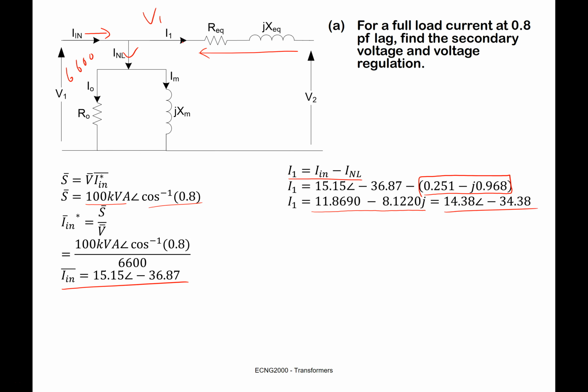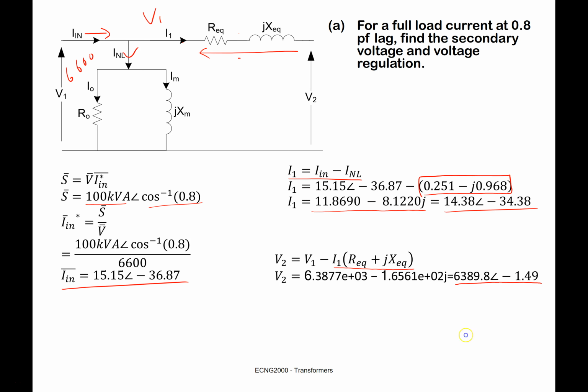Now that I know this current, I could work out this voltage drop by simply multiplying I1 multiplied by Z equivalent, and that is what I have here. So V2 is V1 minus this voltage, and I end up with 6389.8 angle minus 1.49.